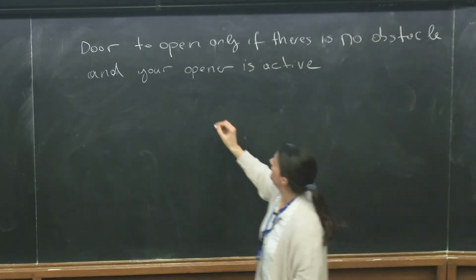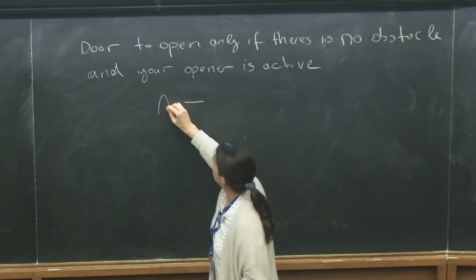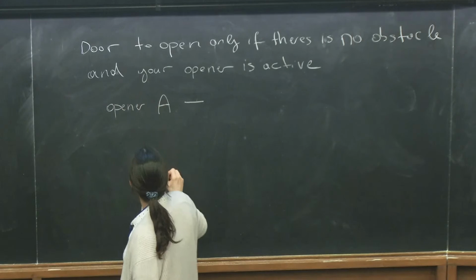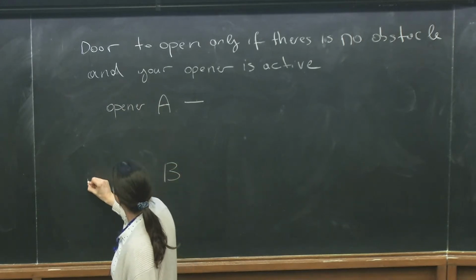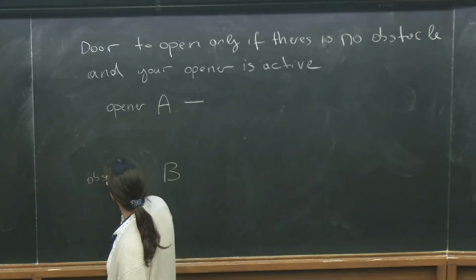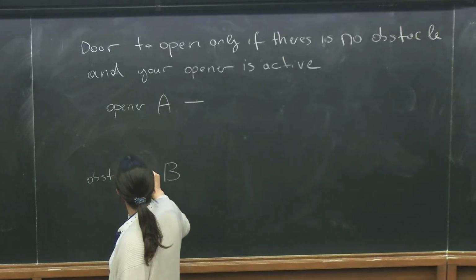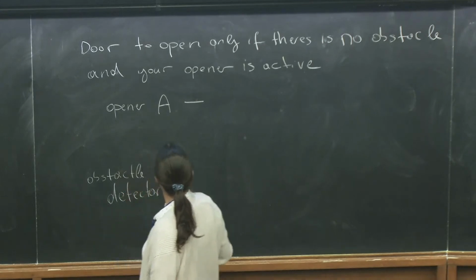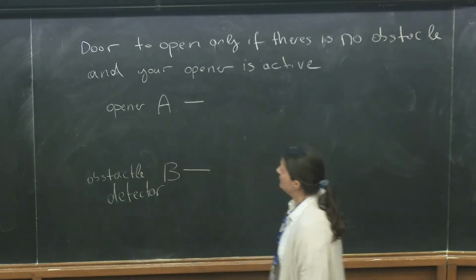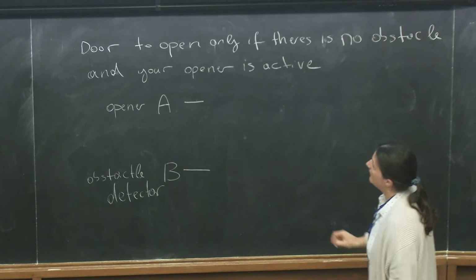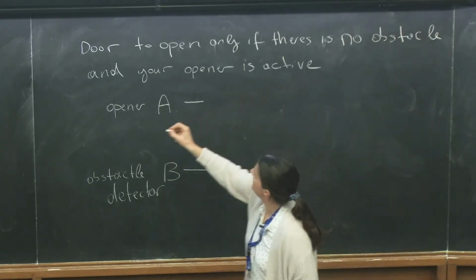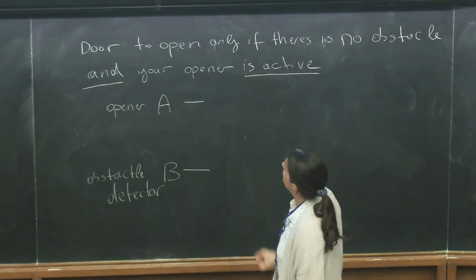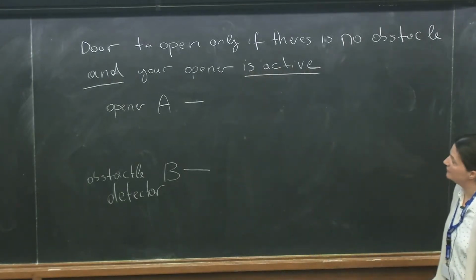So the way you can think about it, A, let's say this is your opener. And B, let's say that's your obstacle detector. What you typically do is you look at the sentence, and there are a couple of words you can see there, like "and" and "is active."